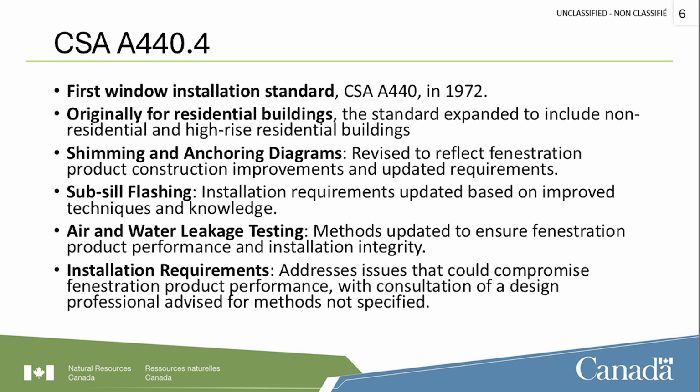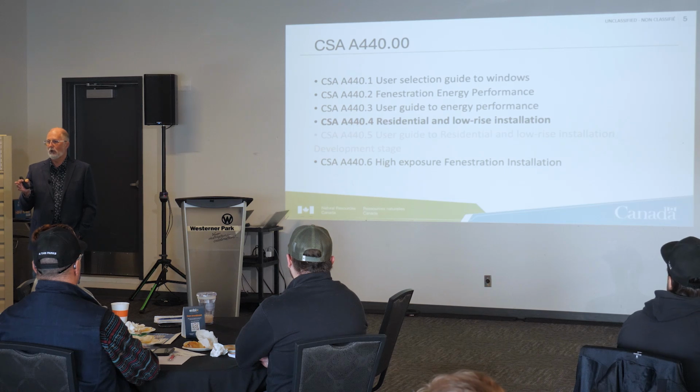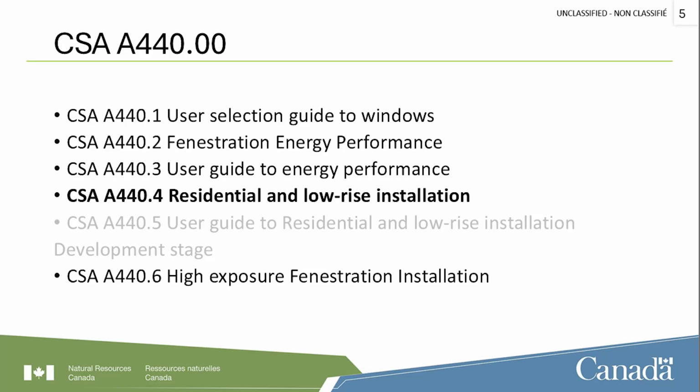Now, a lot of people refer to CSA 440, but they don't think about that dot after the 440. Actually, there's a whole bunch of standards now that CSA has produced. So if you're looking for information on energy performance of windows, you're going to look for 440.2. Then there's a selection guide, which is 440.1.